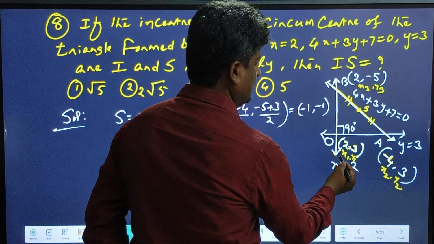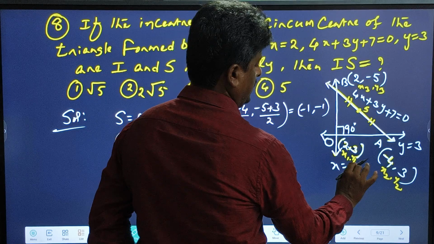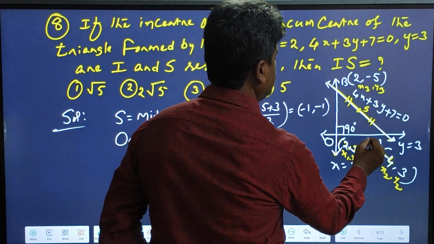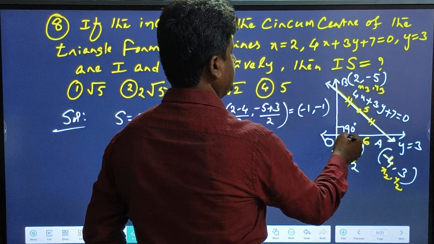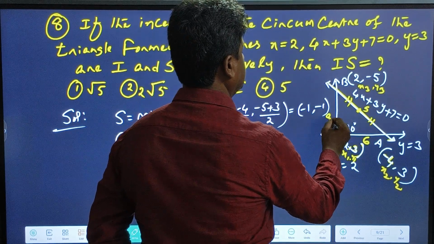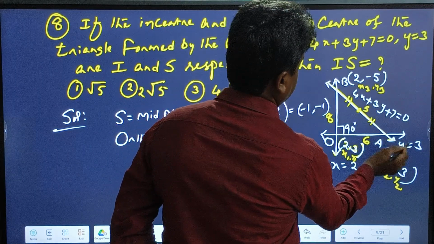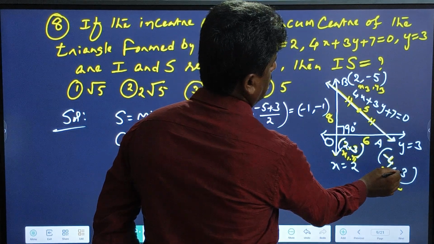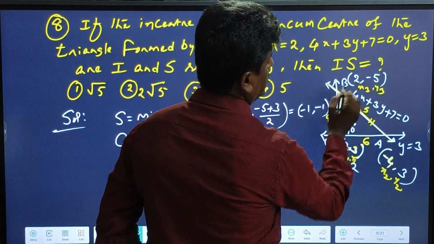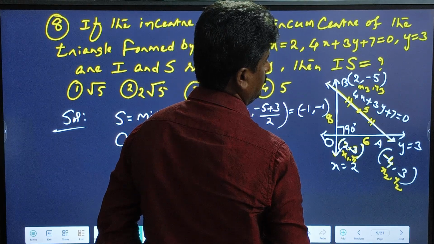Here to here, distance: 3 gets cancelled, 2 + 4 is 6. This is 6. Here to here, distance: 2 gets cancelled, 3 + 5 is 8. Here to here, distance: 2 + 4 is 6, square is 36; 3 + 5 is 8, square is 64.